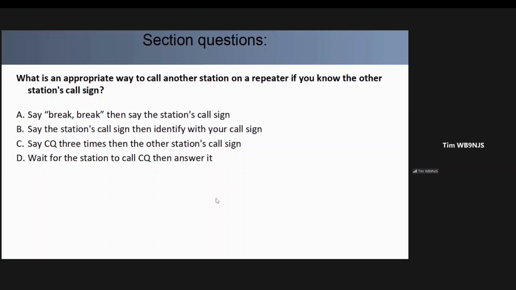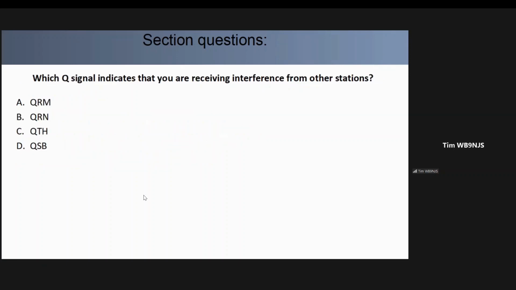The correct answer is say the station's call sign, then identify with yours. The term break should be used cautiously. That's usually only used when you urgently need to join a conversation. Otherwise, you might say comment or just insert your call sign to join.